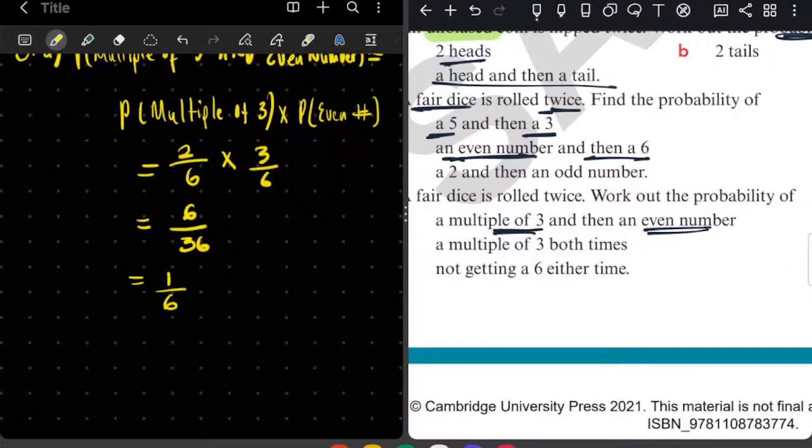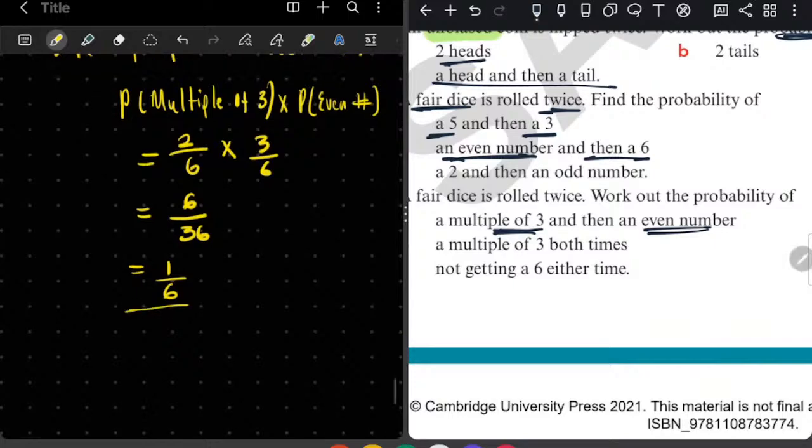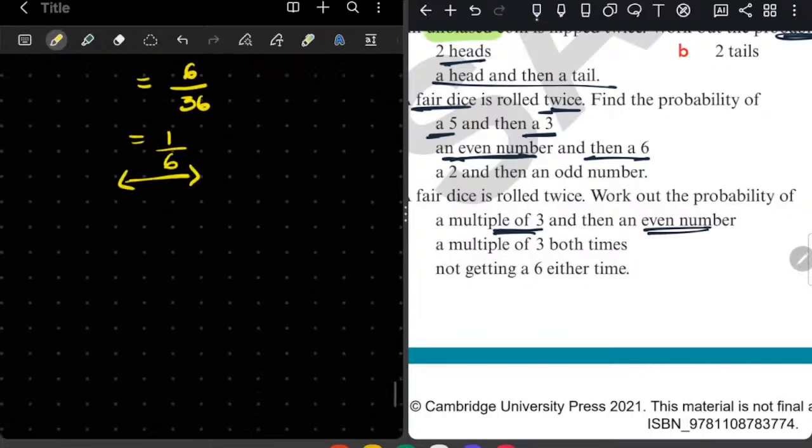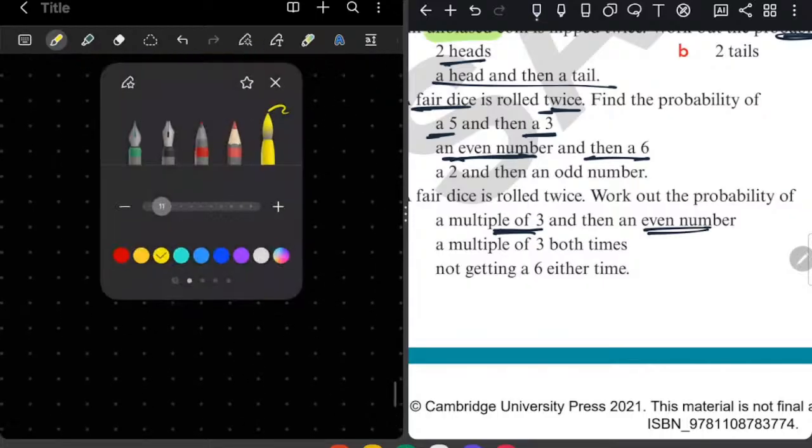Are you seeing? Okay. Well done. So it will be 1 over 6. Well done, class. Now, let's do part B.